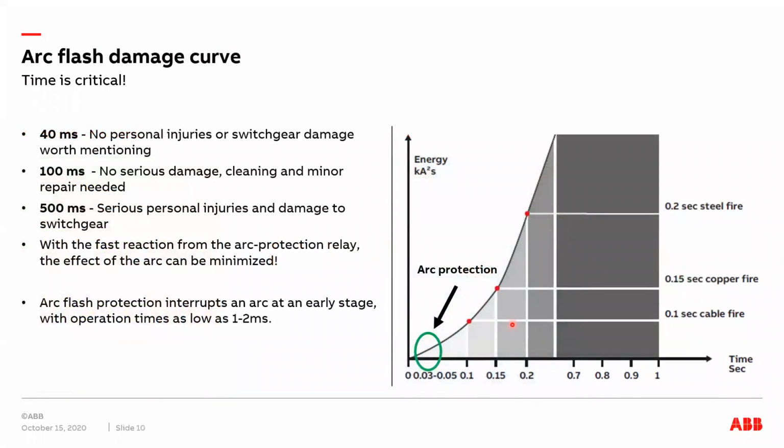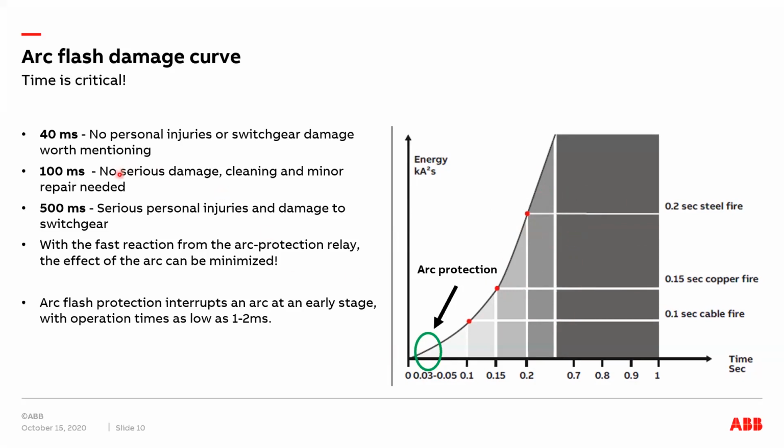And why does the time matter? In this case, looking at the curve, we see that the energy is increasing exponentially, and the damages are getting bigger and more severe after about 100 milliseconds, 150 milliseconds. You will start to have copper fire, so the cables are burning, bus bars are burning, and the steel construction starts to be damaged after about 200 to 150 milliseconds.